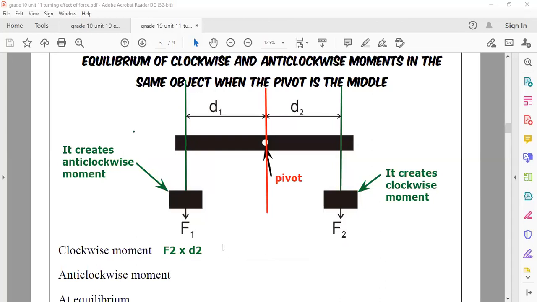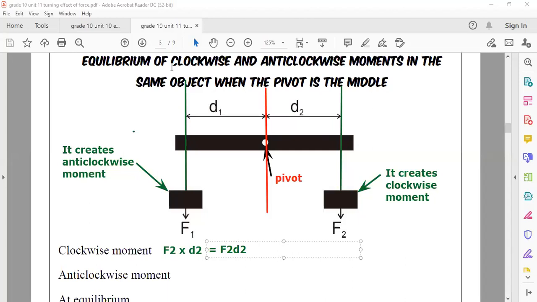Clockwise moment is F2 multiplied by D2, with D2 the perpendicular distance for F2. This can be written shortly as F2 D2.